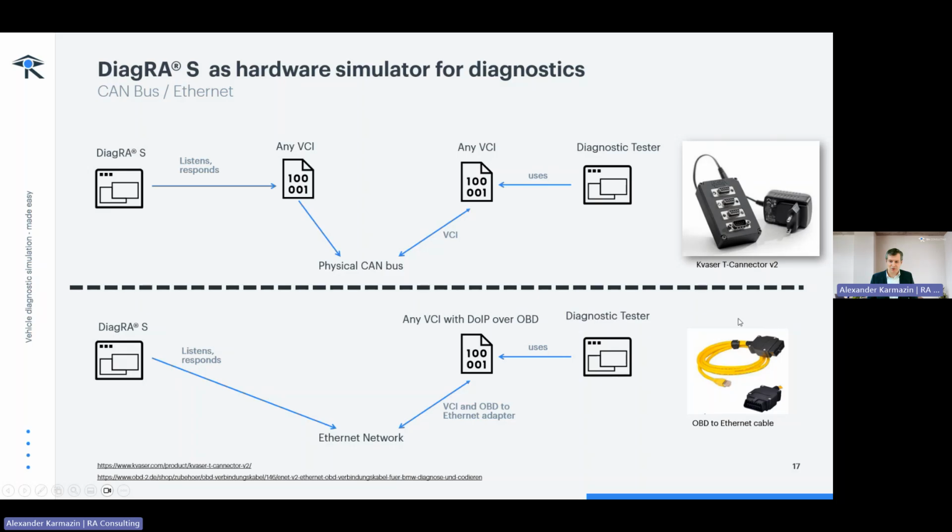For DoIP, it's also possible to support a use case if your diagnostic tester uses DoIP over the OBD port. In that case, you will need an adapter cable from OBD to Ethernet, and then the tester is connected to an Ethernet network.